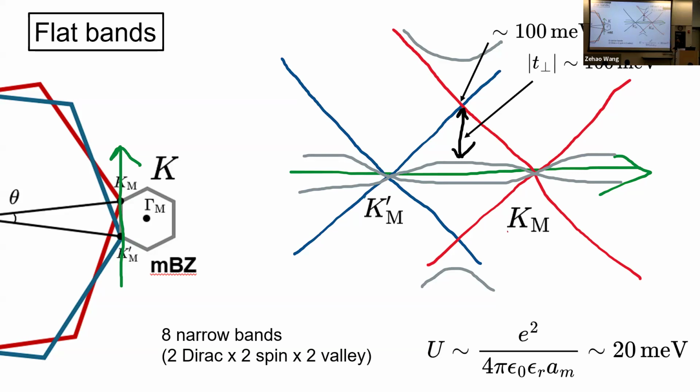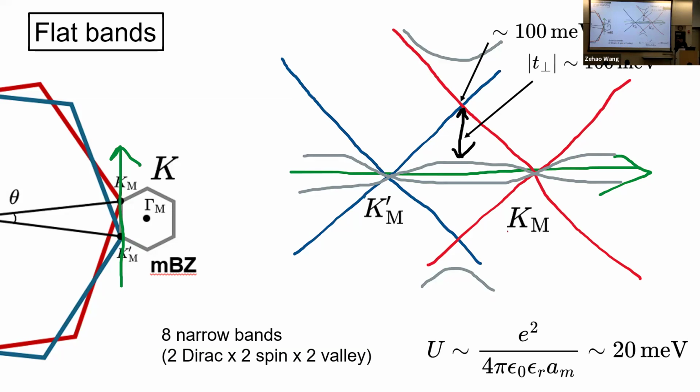At the same time, these bands are separated from the remote dispersive bands by a rather large energy scale. Just to be clear, we have to remember that we actually have 8 bands because we have the 2 Dirac, and also a factor of 2 from spin and 2 from valley.